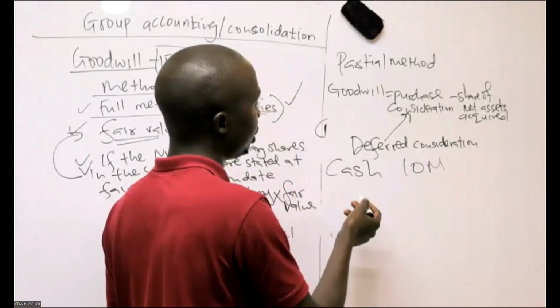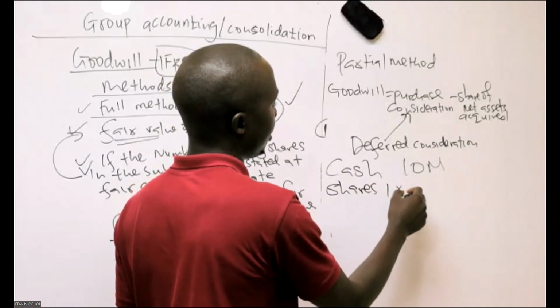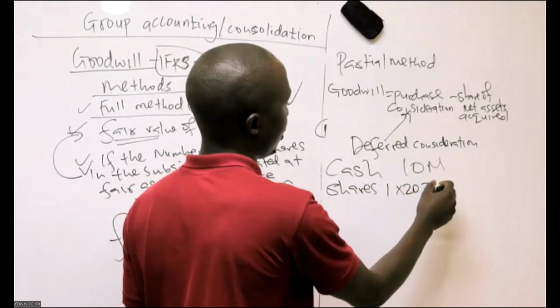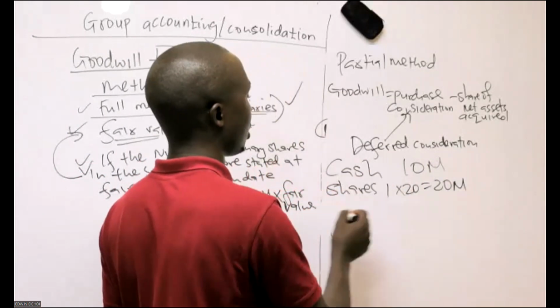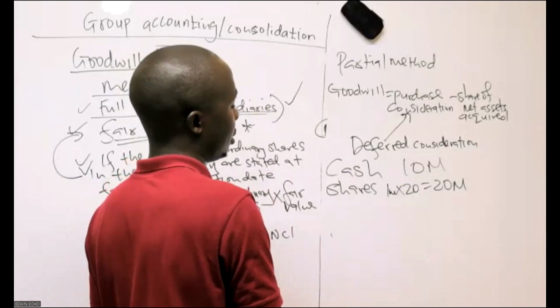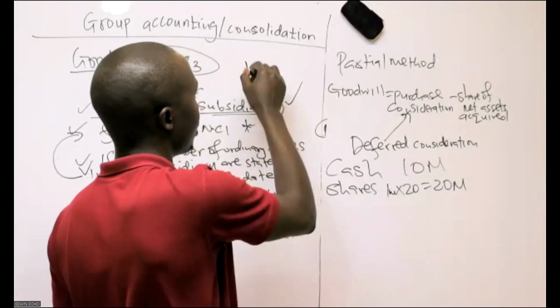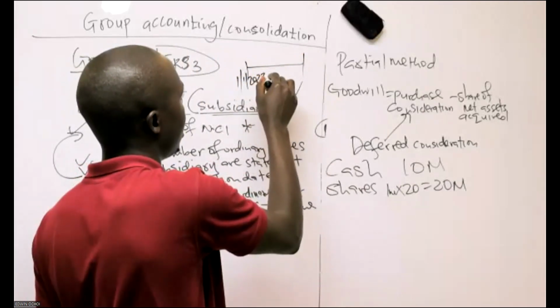And let's say he issued 1 million shares at a price of 20 each, so you have 20 million. The acquisition was January 2023.